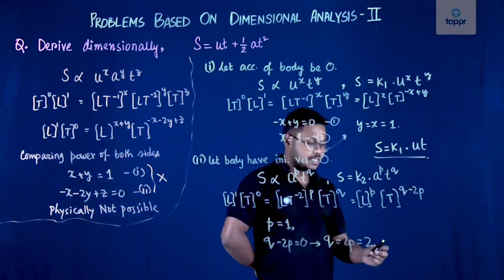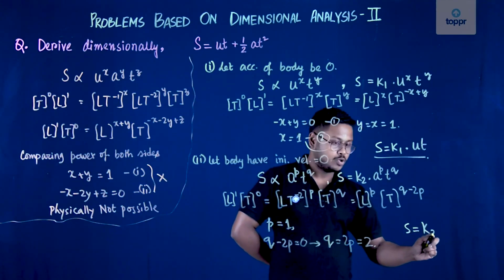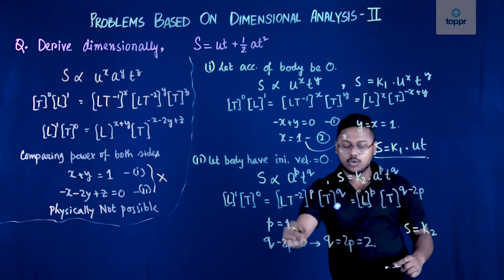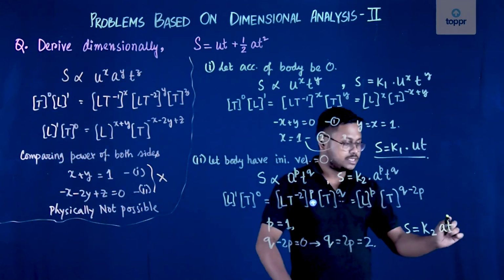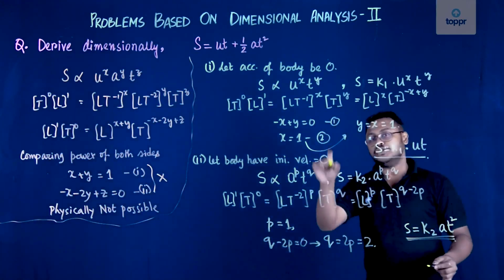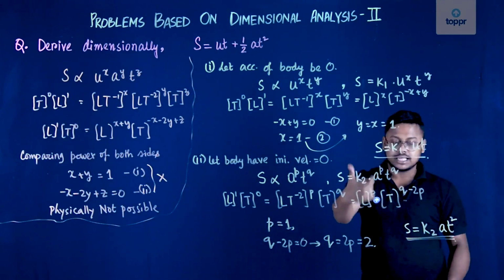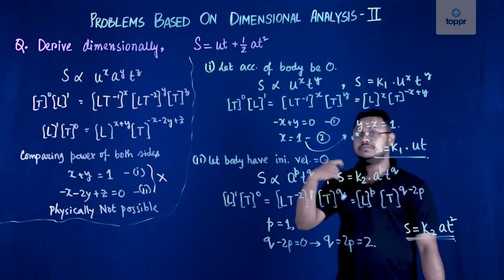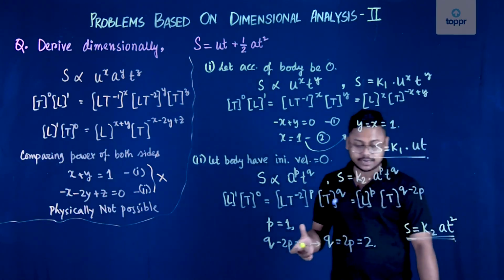So from this expression I can write s equals that constant k2 into a to the power 1, or a, and t to the power q means t square. Now see, s depends on ut via constant k1, that is dimensionless, and s depends on a times t square via constant k2, that is also a dimensionless constant, right.